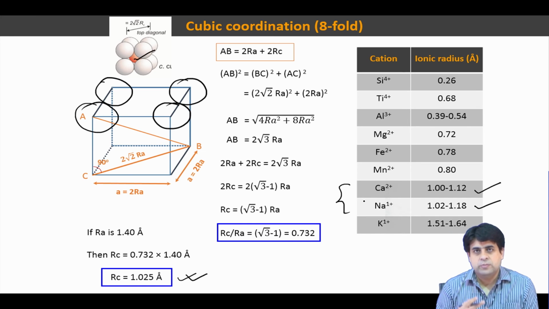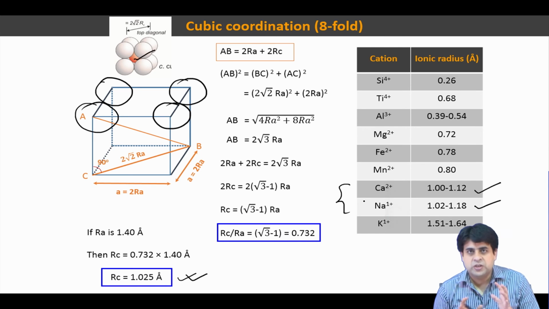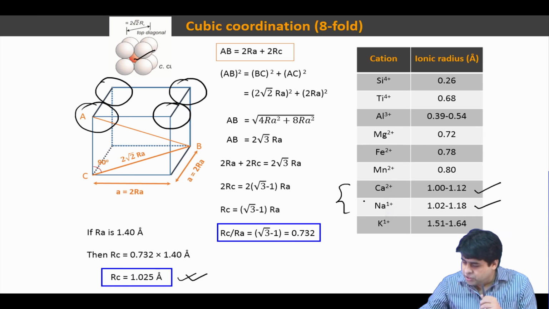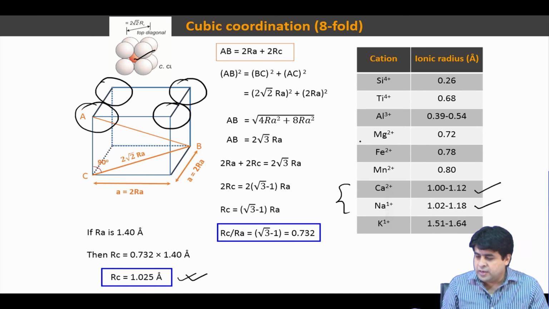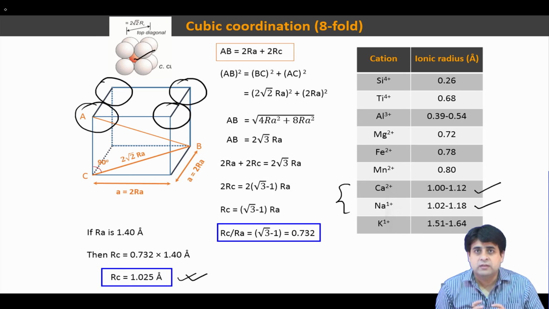So, basically this principle is very helpful to understand what kind of coordination different cations will have when they connect with an oxygen atom. Your coordination principle states that how anion and cation pack together in the crystal structure depends on their relative size.